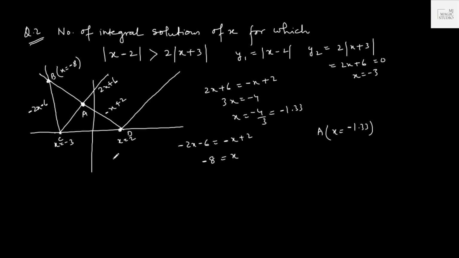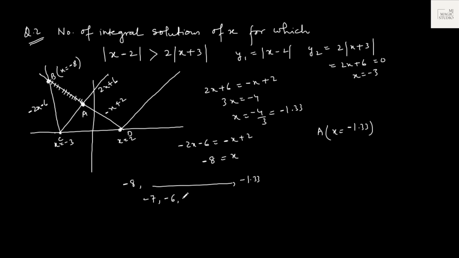So that means the integral solution lies from this particular point to this particular point, and we just need to identify how many values of x are there between B and A, from minus 8 to minus 1.33. So how many we have?